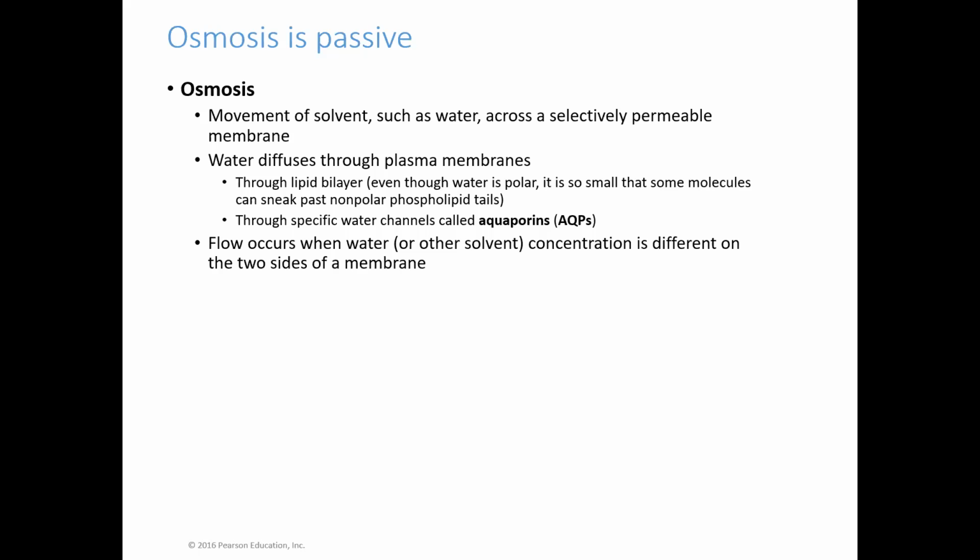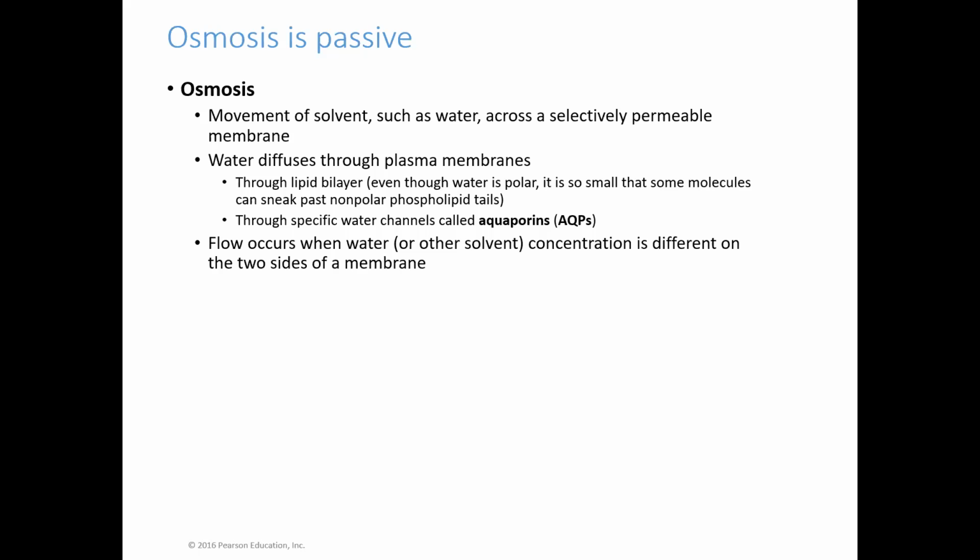Our cells are normally 0.9% sodium chloride. The interstitial fluid is 0.9% sodium chloride. But as the water level rises outside the cell and the salt concentration goes from 0.9% to 0.8%, that means there's more water outside.